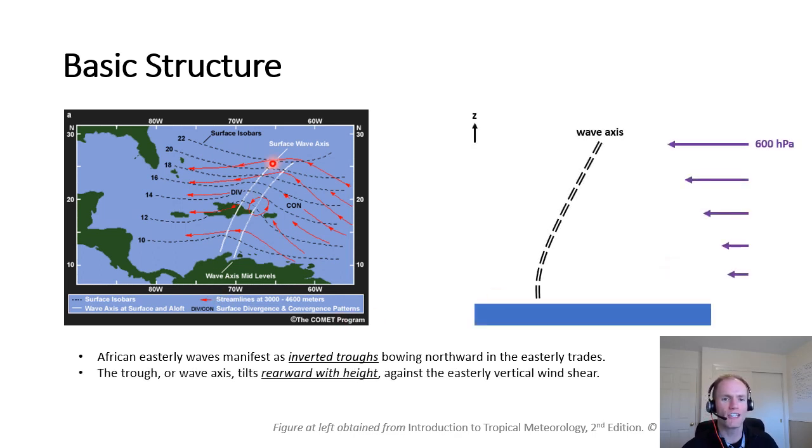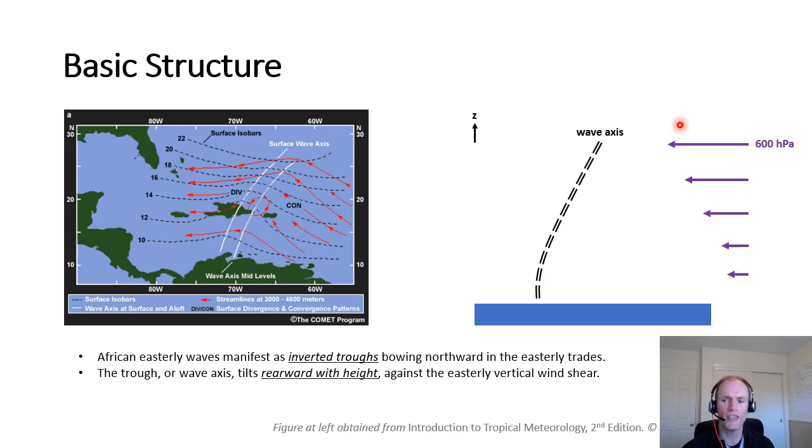This trough or wave axis tilts rearward. So in this diagram here at left, we have the two wave axes depicted here in the white lines, where the one at mid-levels between 700 and 600 hectopascals is to the east or to the right of that here at the surface. If we do a vertical cross section across this region here, say across Hispaniola toward Puerto Rico, we get this type of diagram that we have here at right, where this black dashed region depicts the wave axis further to the west here near the surface, and then further to the east as you go up.